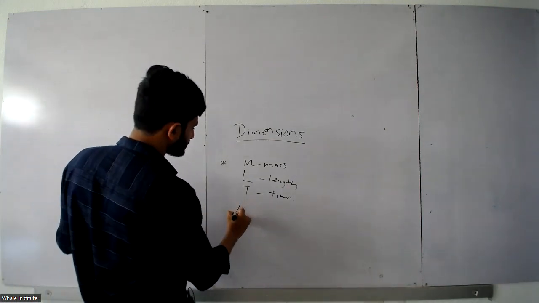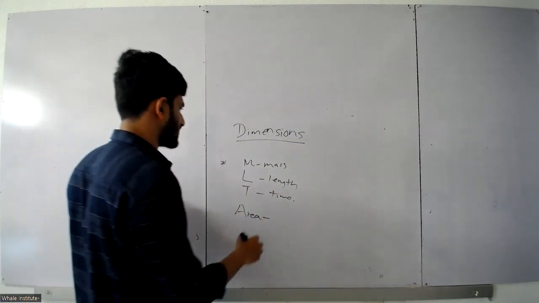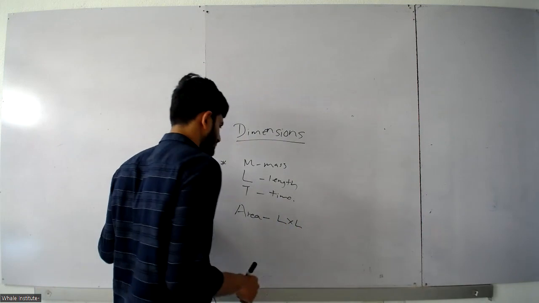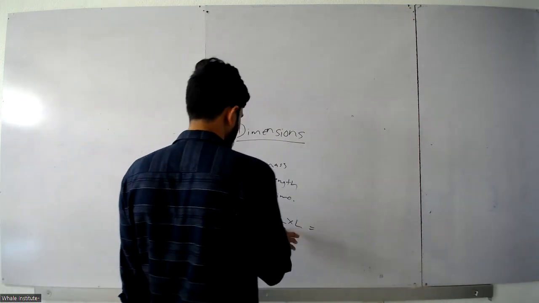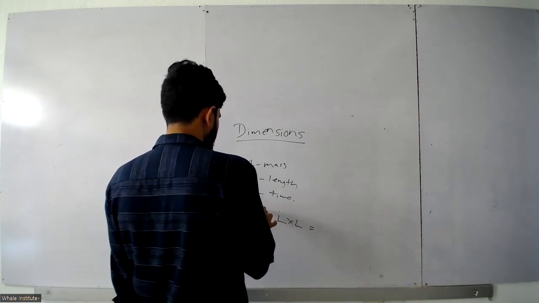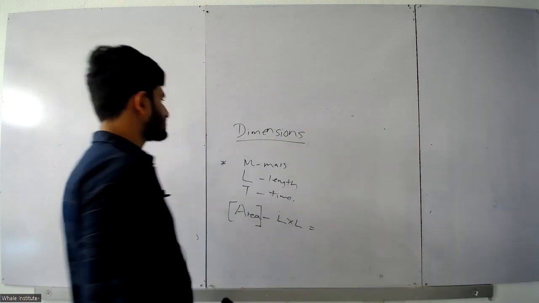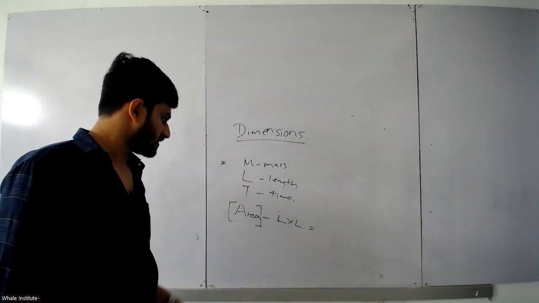අපි නිකන් ගමු area. Area කියලා කියන්නේ length into width, length දෙකක්. ඒතකොට අපි L දාගෙන dimension එක ලියනවා. Length into length නේ. The dimensions of area කියන එක we can denote like this using the square bracket.